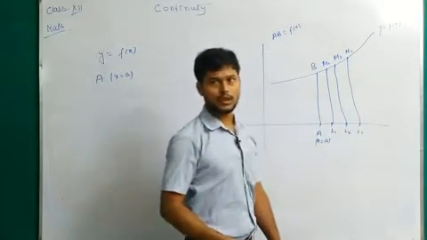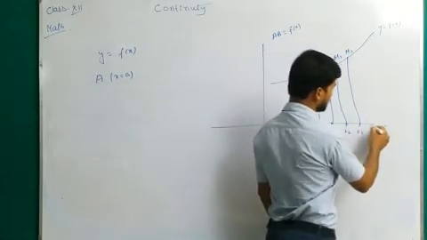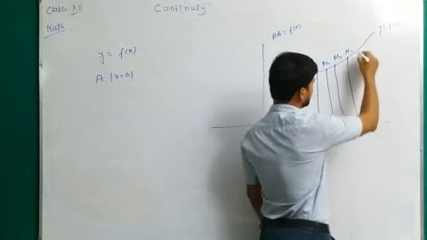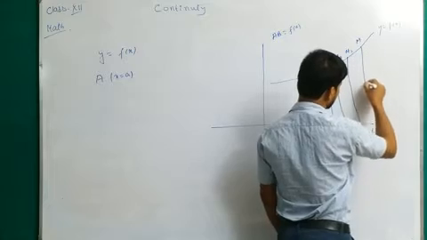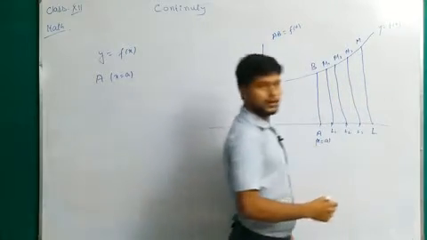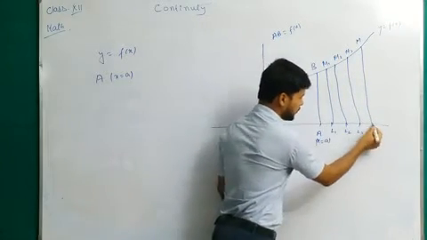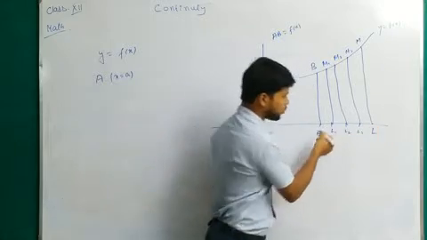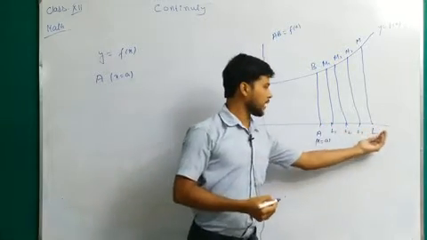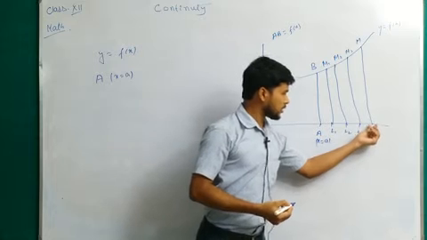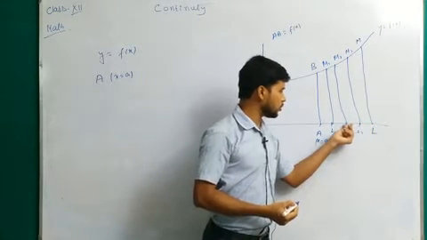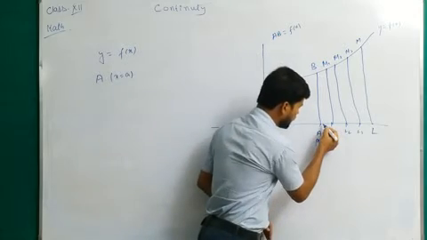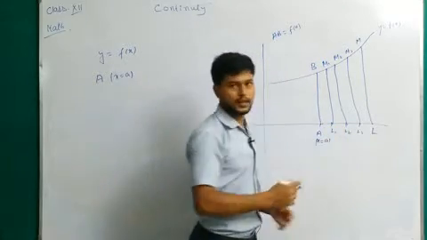If I consider a point L and the corresponding point on the graph M, and this point approaches the point A from the right hand side, then successively it will take the positions L1, L2, L3 and come closer to the point A.